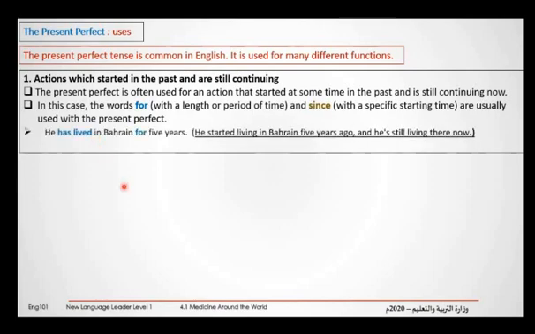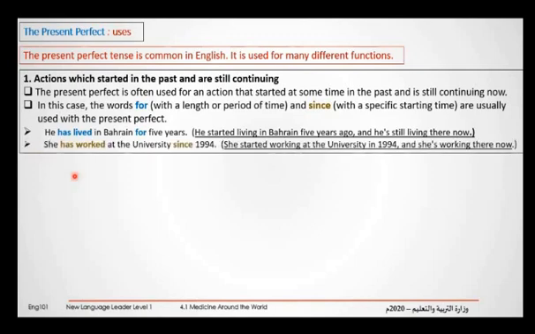For example, he has lived in Bahrain for 5 years. This sentence means he started living in Bahrain 5 years ago and he's still living there now. Example 2 about since.